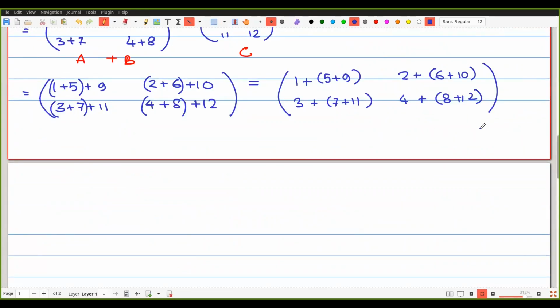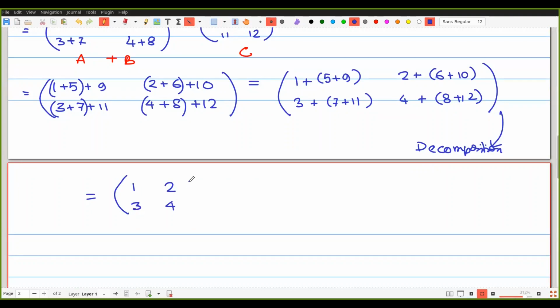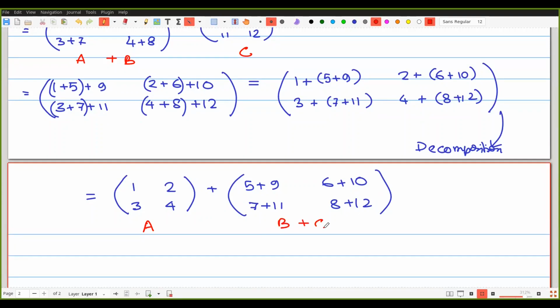Decomposition occurs and we get 1, 2, 3, 4 plus 5 plus 9, 6 plus 10, 7 plus 11, 8 plus 12. So that means it is our A, and it is our B plus C.